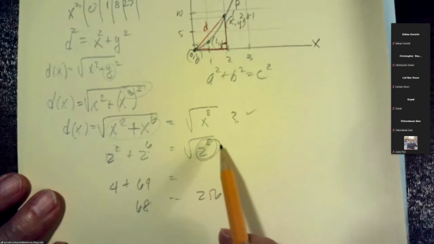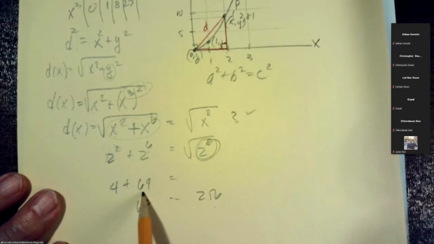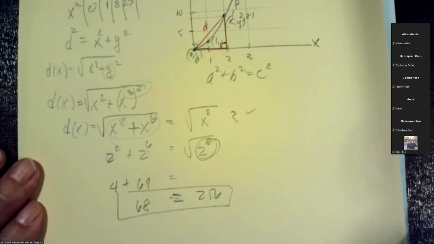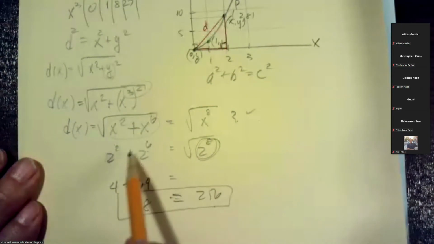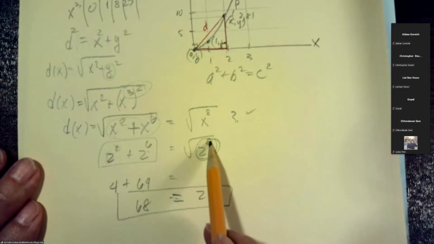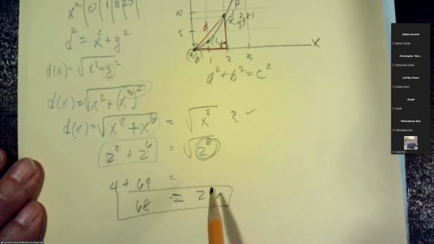So 2 to the 8th is 256. 2 to the 6 is 64. 2 squared is 4. 64 and 4 is 68. So are those equal? Oh, wrong. So can we say 2 to the 6th plus 2 to the 2nd is 2 to the 8th? No, we cannot. All right, so that isn't true.